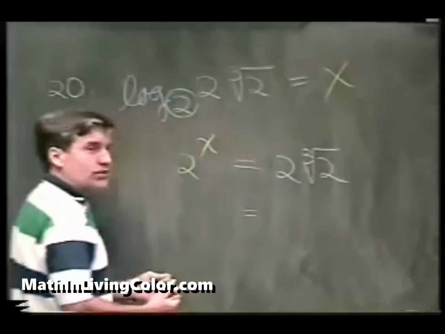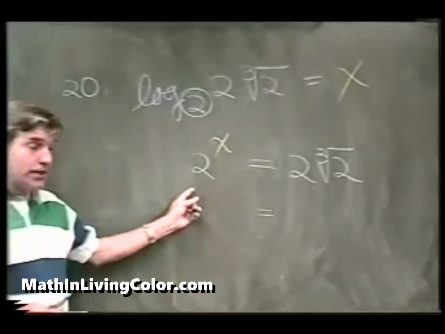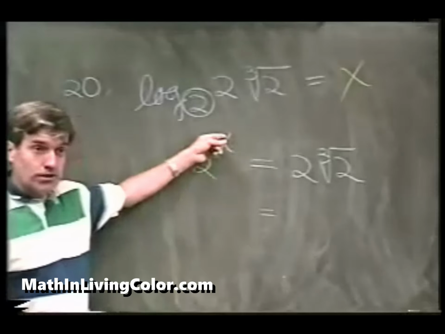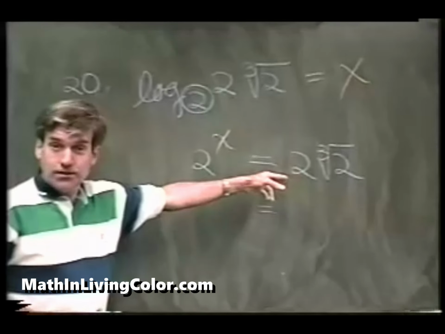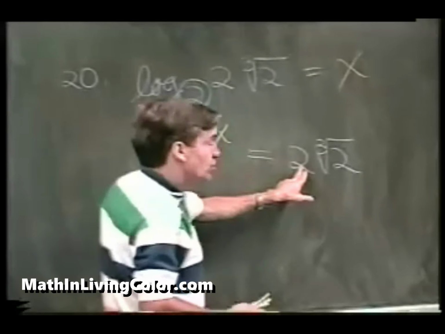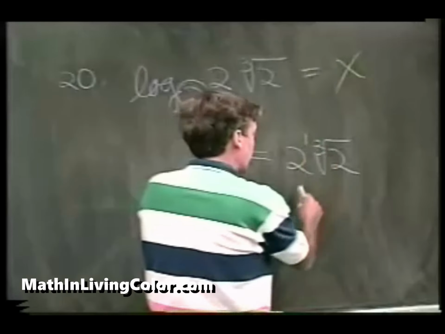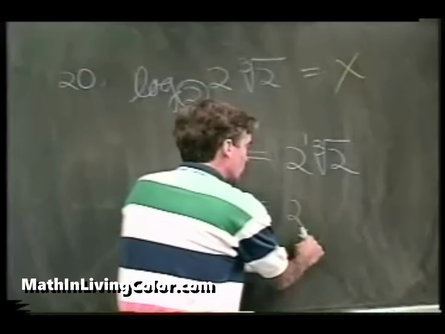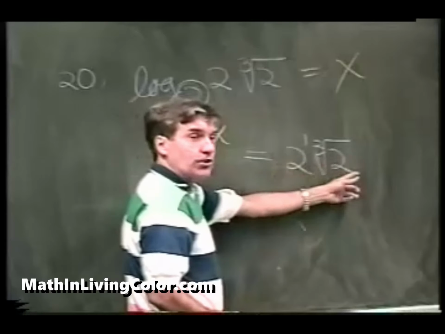Okay? Now what's the key base number here? 2. In other words, this is 2 to a power. So what this one over here has to be is 2 to a power, right? Now, do you know what 2 is as a power? It'll be a 1 power. In other words, that would be 2 to the 1 power, this one. And the cube root of 2, we just talked about that.